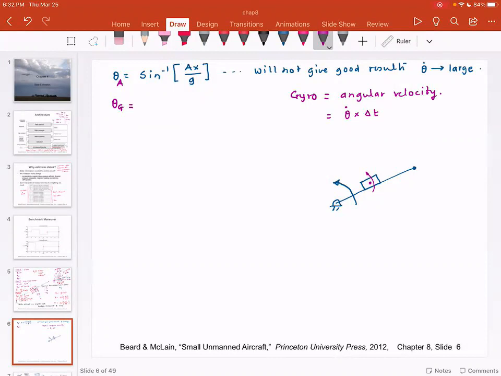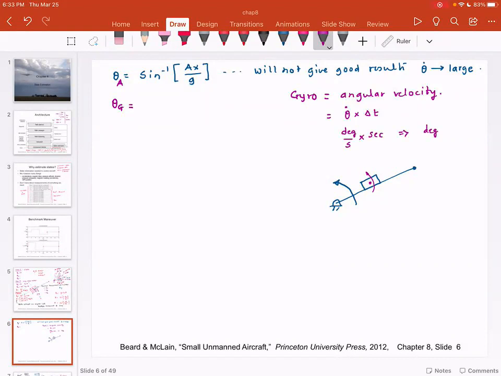Angular rate, in degrees per second, multiplied by seconds gives me degrees.